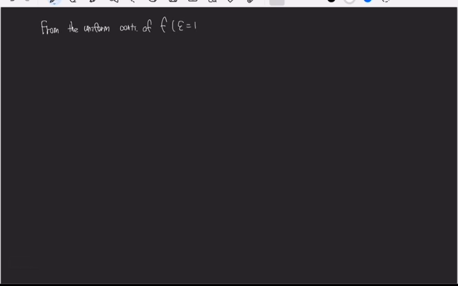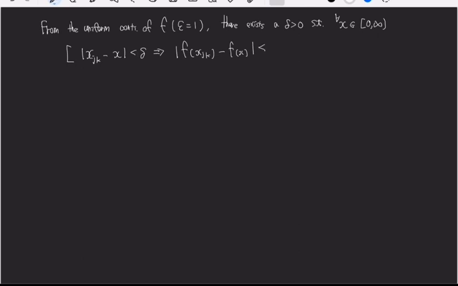That is, we choose 1 as epsilon in the epsilon-delta definition, which implies that there exists a positive number delta such that for any x in the interval 0 to infinity, if the modulus of x_{j_k} minus x is less than delta, then the modulus of f(x_{j_k}) minus f(x) is less than 1.